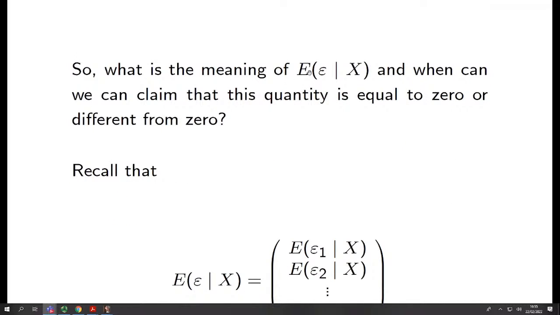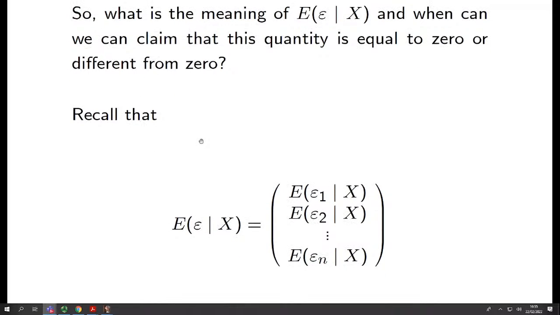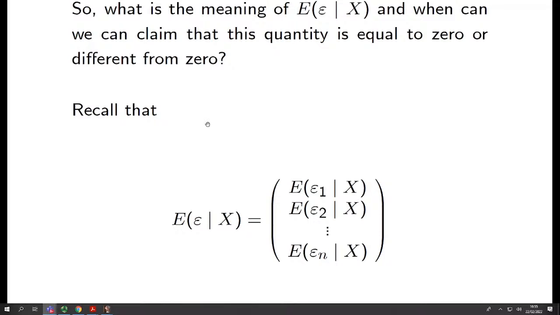So, what is the meaning? I want to come back to the meaning of this expression here, and discuss with you when we can claim that this quantity is equal to 0 and when it is not. Recall that I gave the definition 2 minutes ago.